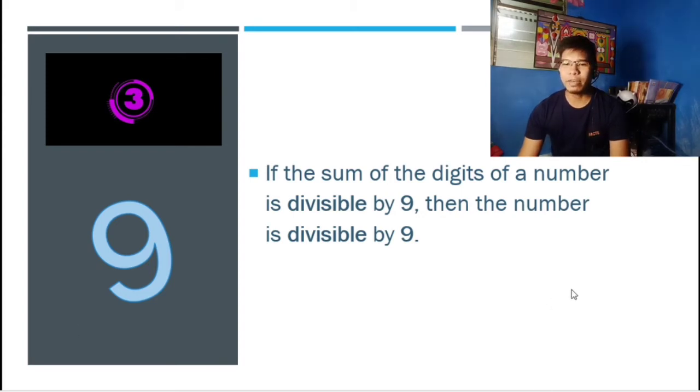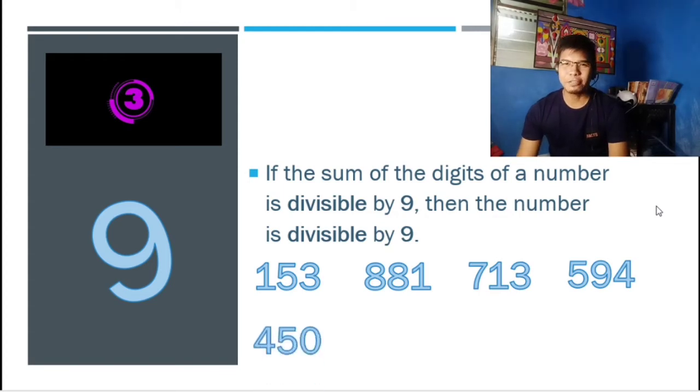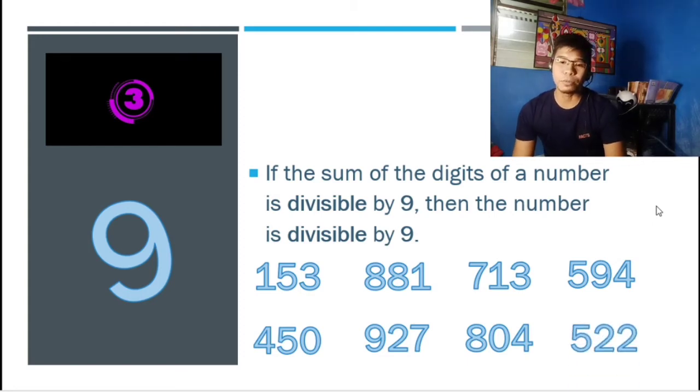I have here the given numbers 153, 881, 713, 594, 450, 927, 804, and 522. According to the rule, we need to add all the digits, and if the sum of all the digits is divisible by 9, we can say that the given number is divisible by 9.